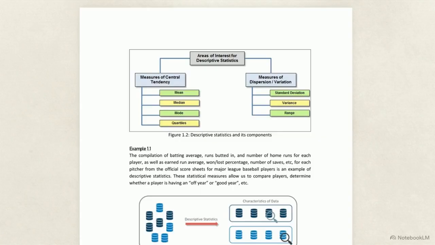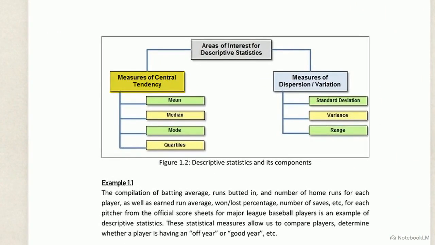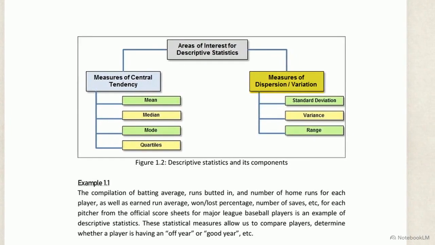Calculating measures of central tendency, like the mean, median, or mode, allows us to locate the mathematical anchor, or the dead center, of our dataset. Measures of dispersion, such as standard deviation and variance, then map out exactly how far the rest of the data spreads away from that established center point.